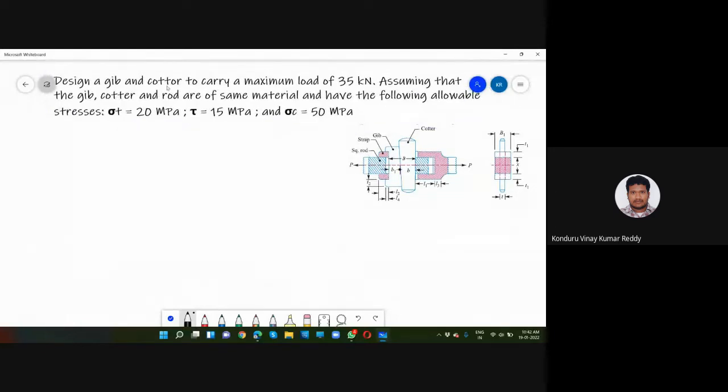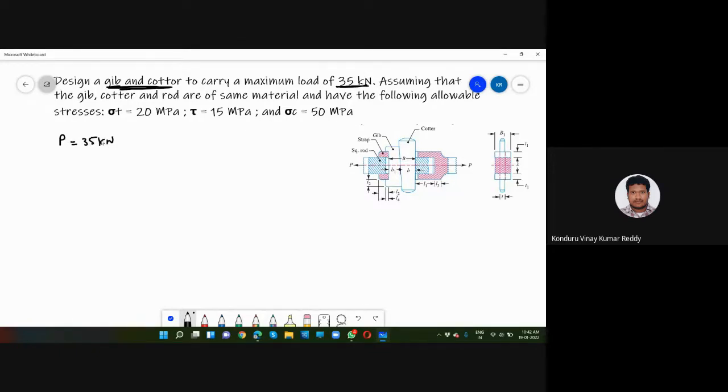Here we have to design a Gib and Cotter joint, which has to carry a load of 35 kilonewtons. Assume that Gib and Cotter and rod are made of the same material, which has the allowable stresses as follows. From the question, it was given that P is equal to 35 kilonewtons.